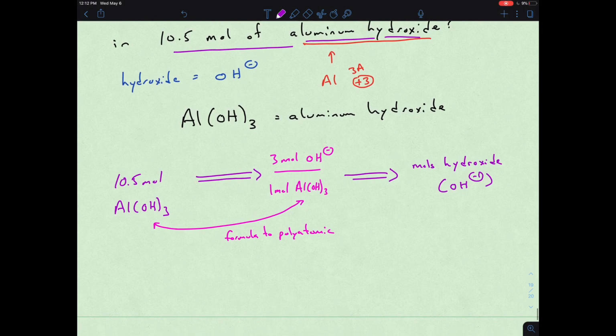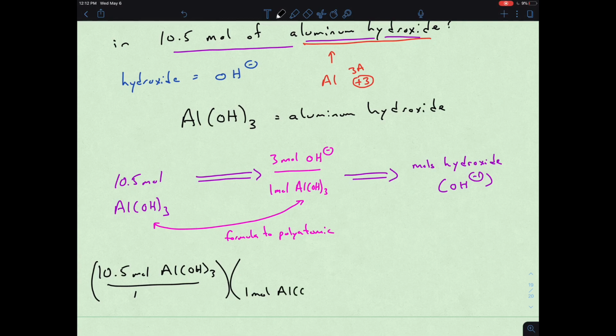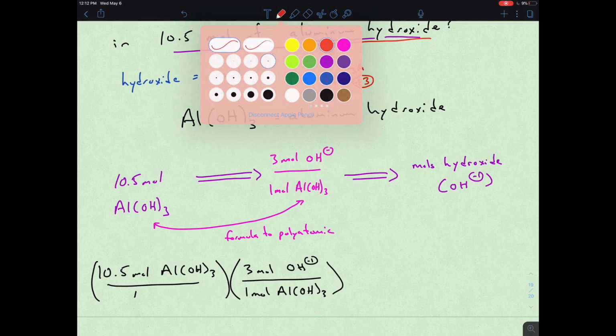So we would want to start with that mole value of the aluminum hydroxide and set up our dimensional analysis. We want to get out of mole units for the molecule, the aluminum hydroxide, and into moles of that polyatomic, the OH minus.